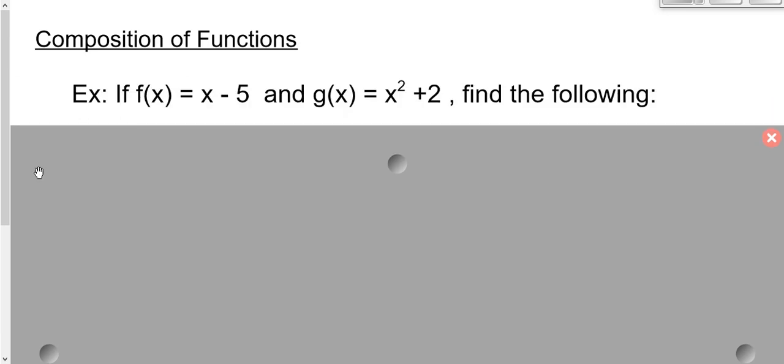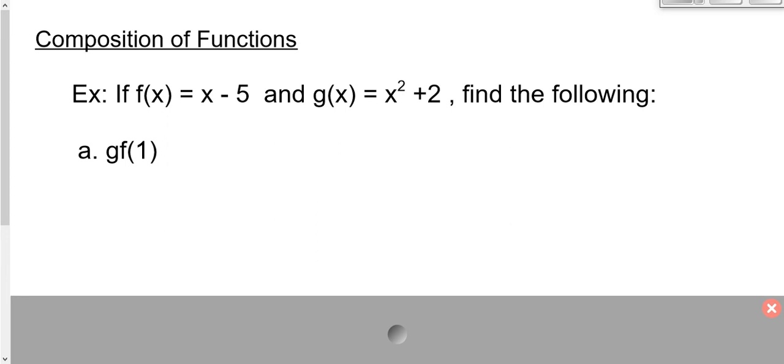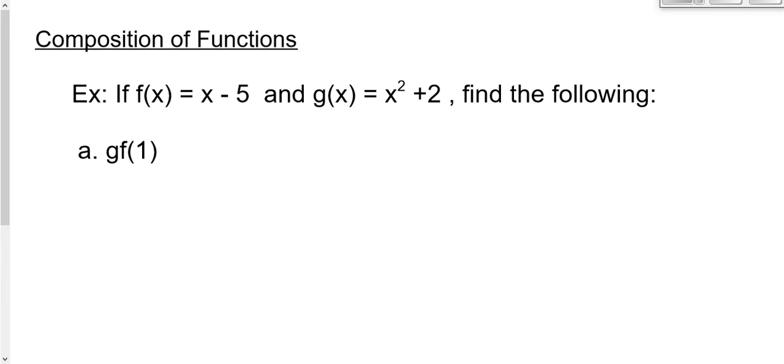So f of x is x minus 5, g of x is x squared plus 2, and I want us to find some values here. So the very first problem, which we're going to call example A for this section, is I want to find g of f of 1. g of f of 1.